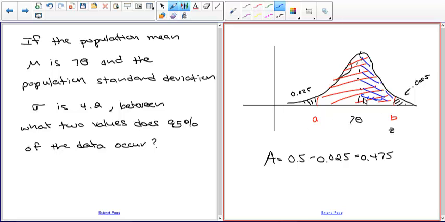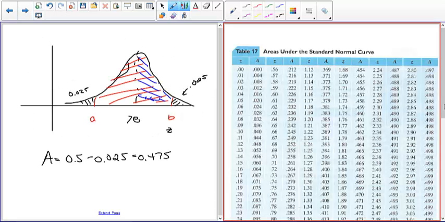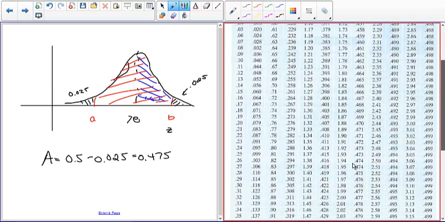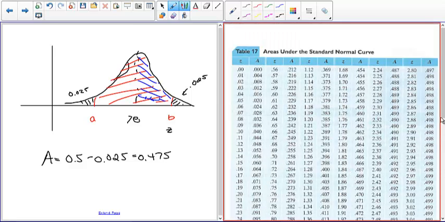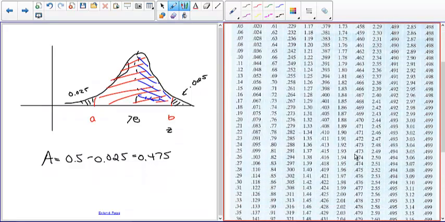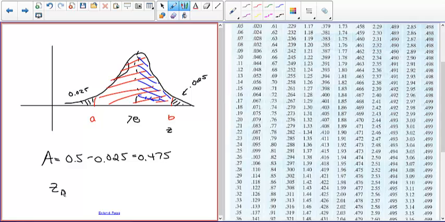Now, with that area, I can find the z-score. I go to my table, and I'm looking for 0.475, which is right down there. So the corresponding z-score associated with an area of 0.475 is 1.96.